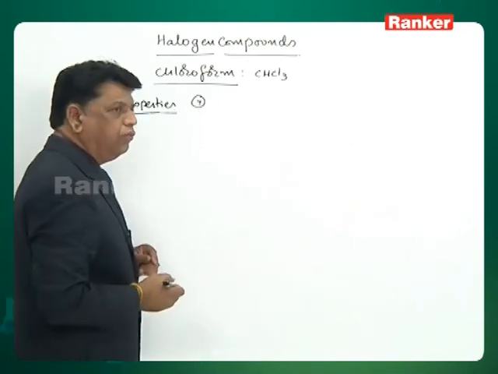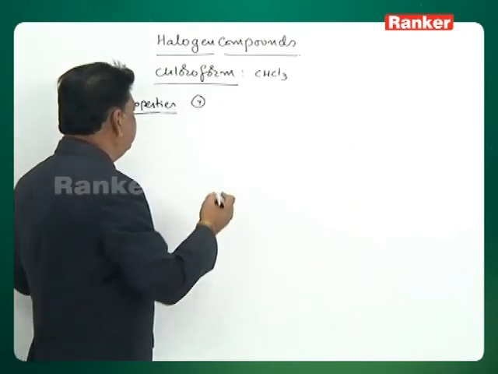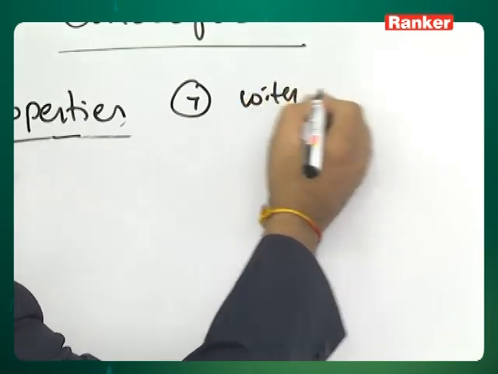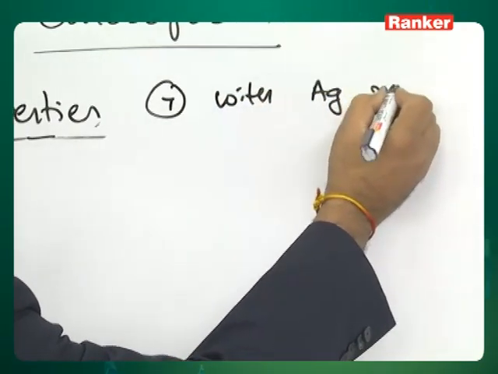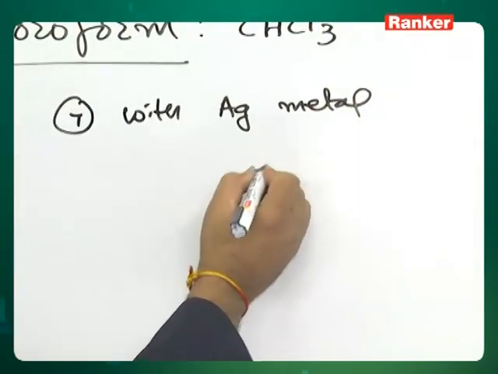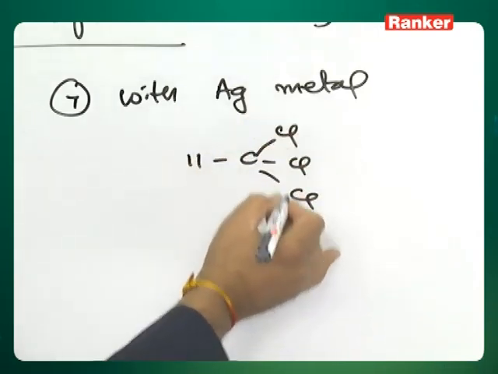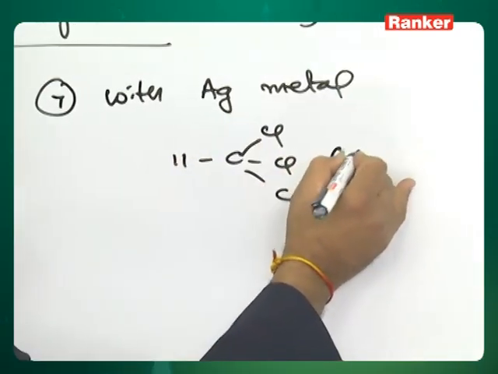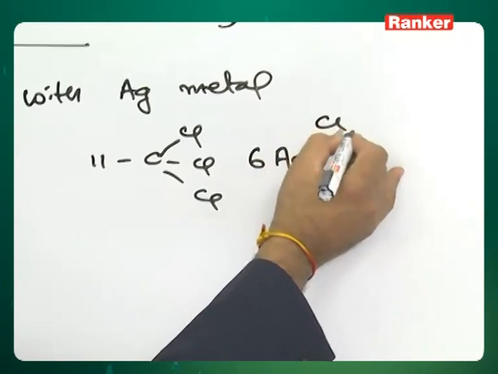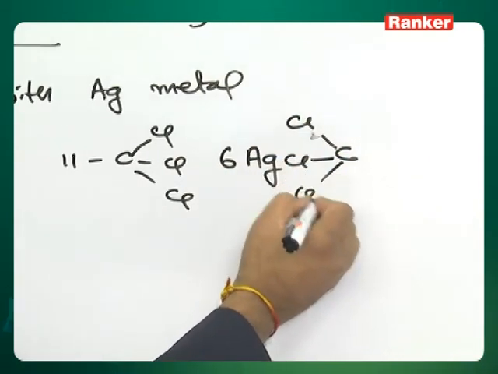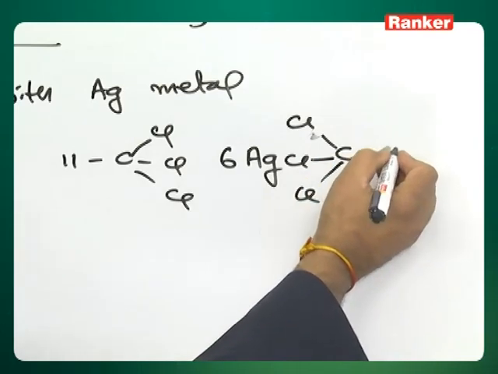In fact, chloroform also reacts with silver metal, undergoing a coupling type of reaction with silver metal or other halogen-containing compounds, also trihalo compounds, with 6 silver atoms. It is a condensation type, the Wurtz coupling type of reaction.